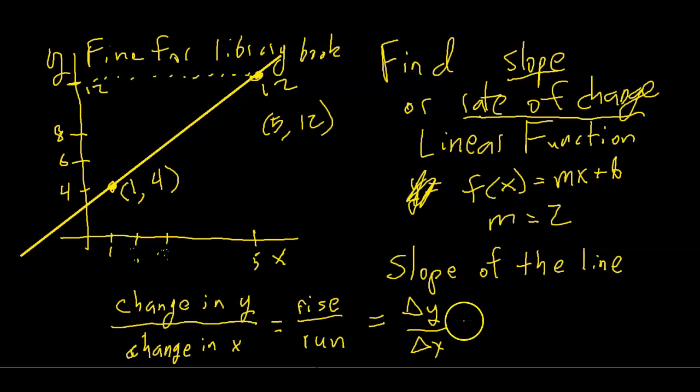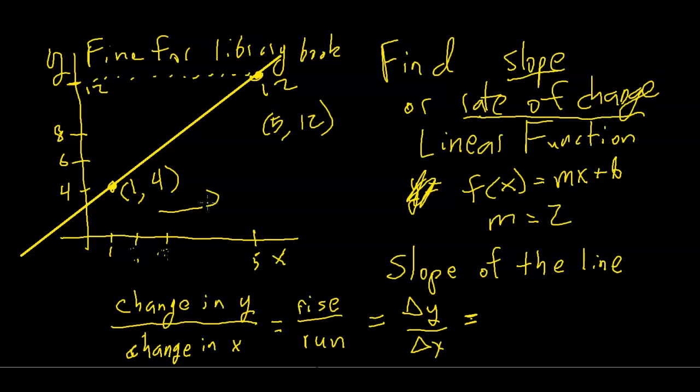And so we can calculate that between any 2 points. And remember, when calculating the slope of a line that is joined by 2 points, we always go from the leftmost point to the rightmost point. We always start at the lower x value going towards the higher x value.